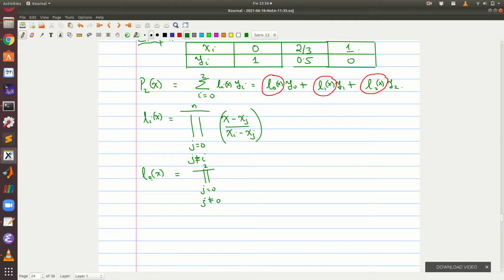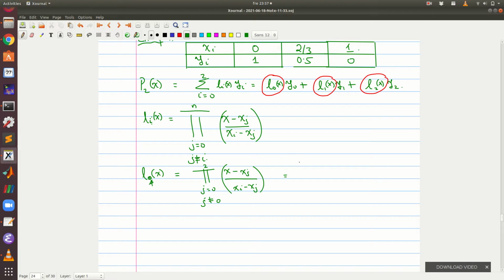This is L0 of x, while the general form is Li of x. So j is not taking on the value i, represented by the 0 here. We exclude j equals 0: x minus xj divided by xi minus xj.